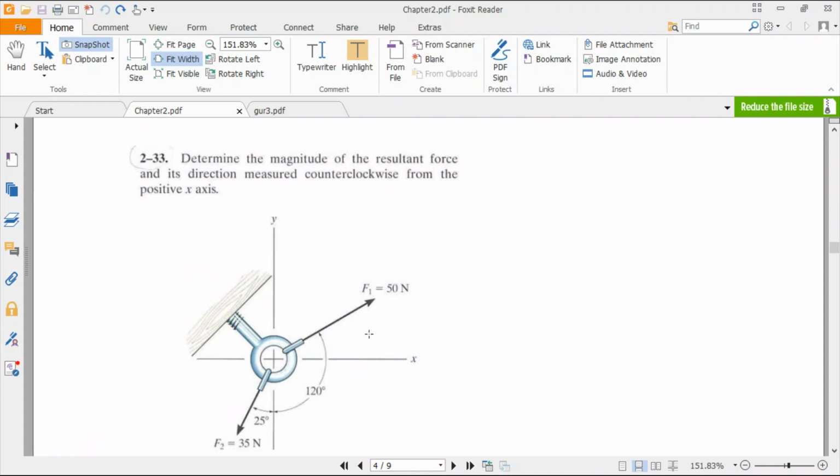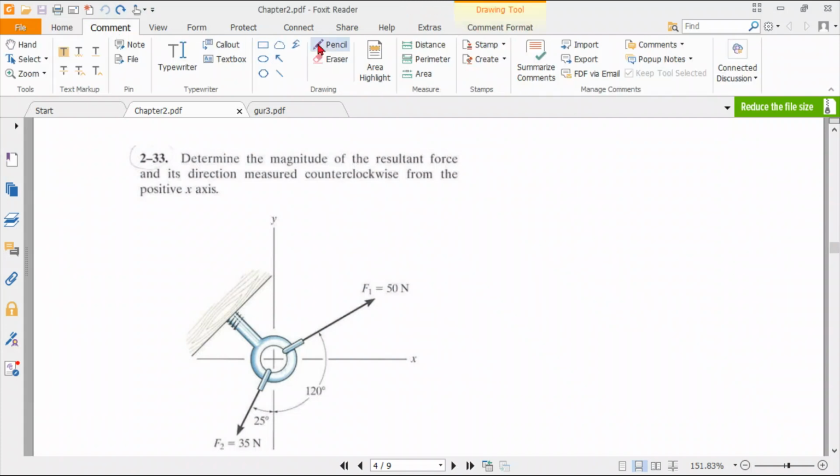We have F1 here, which is given as a magnitude of 50 newtons, and F2, the magnitude is 35 newtons. And the angle between F1 and F2 is given to us.